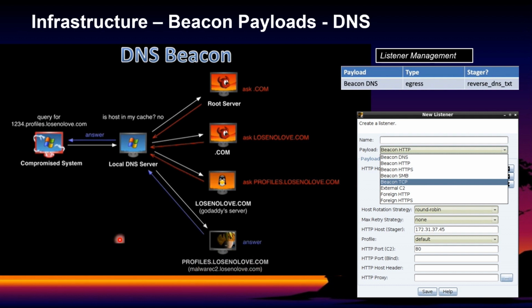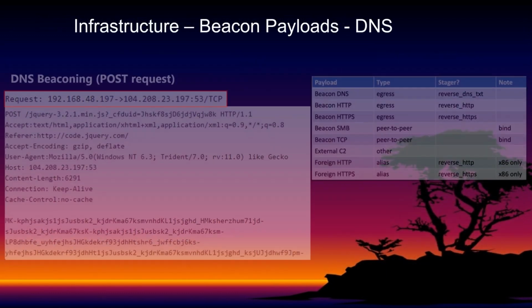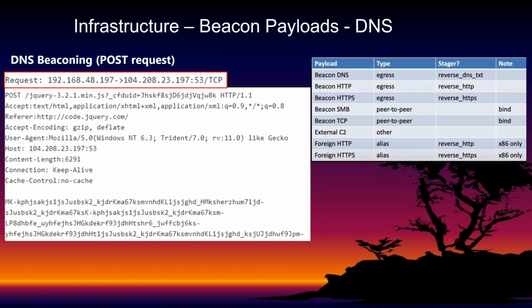And that's how it works. From here, it will check for any instruction, and it will go back to the resolver and to the compromised system. So now, knowing how this works, let's see the beacon payload from a blue team perspective, how it looks.